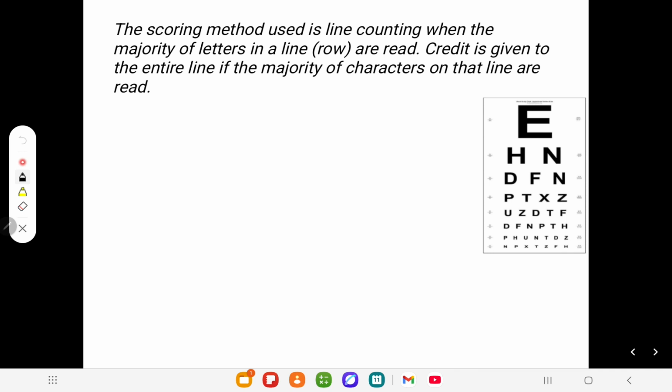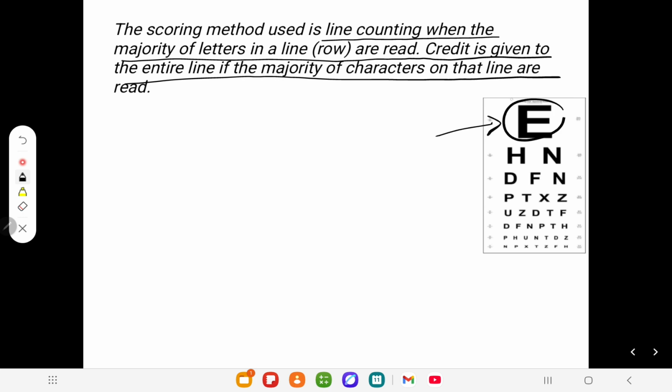Let's move on. The scoring method used in the Snellen chart is line counting: when the majority of letters of the row are read, credit is given to the entire line. So to read the first line you only have to read one letter, and to read the second last line you have to read seven letters.